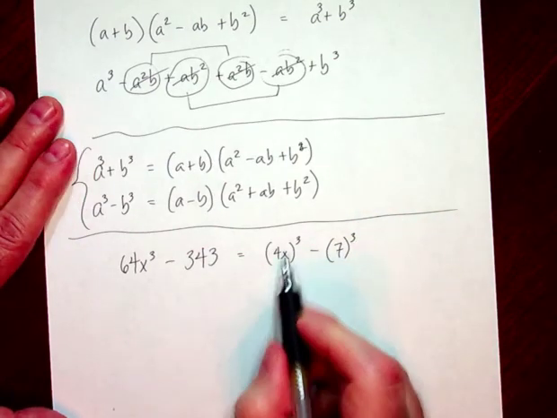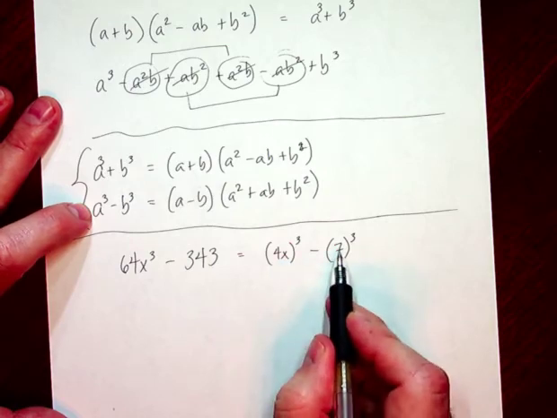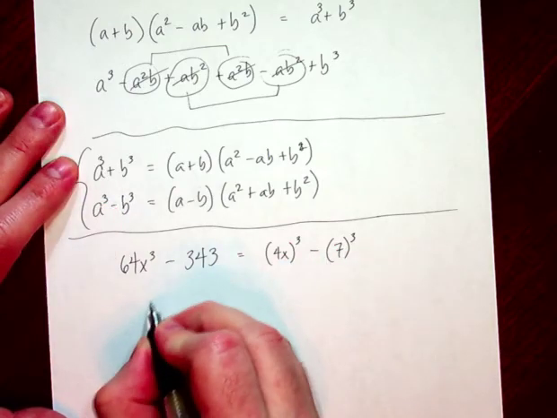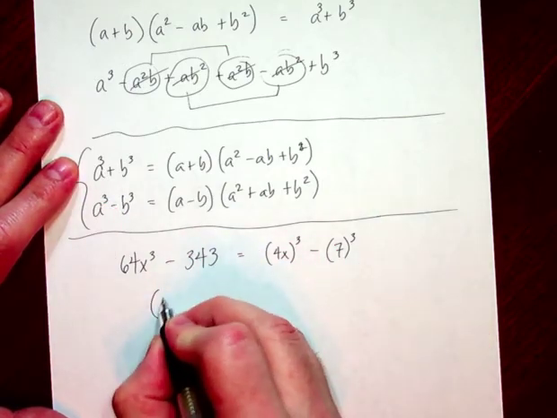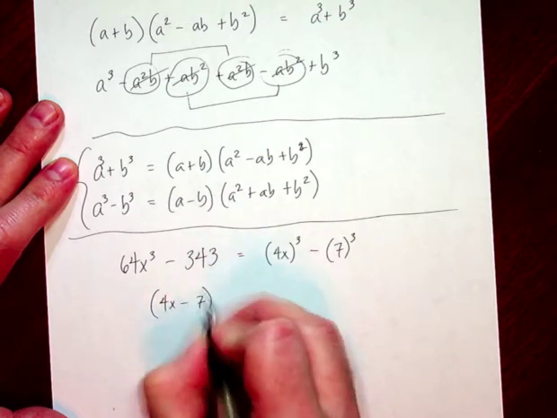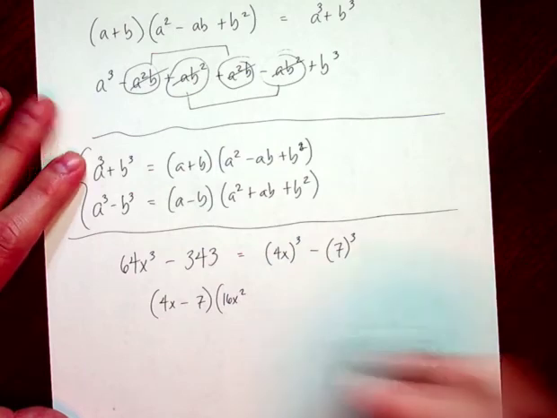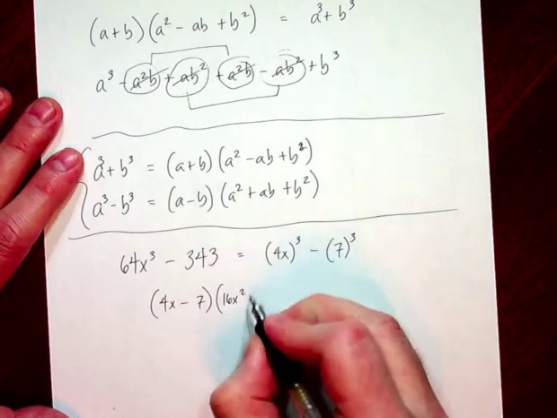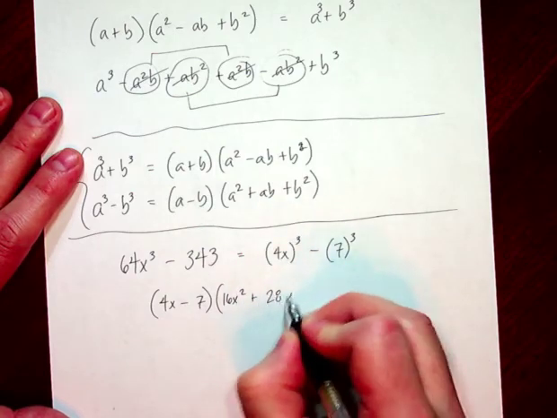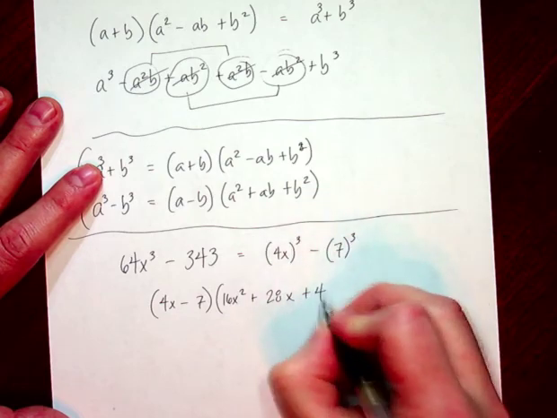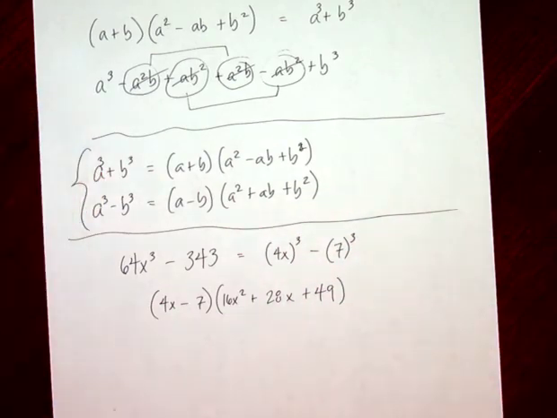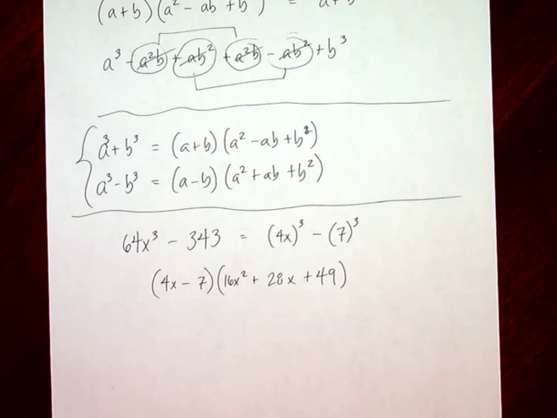So if 4x is my a and 7 is my b, then according to the formula, it's 4x minus 7 times 4x squared, which becomes 16x squared, plus a times b, so it's plus 28x, and then b squared is 49. And if you're struggling with whether that's really the correct factorization, just remultiply it out. Check your answer. I'm never going to be disappointed if you check your answer, okay?